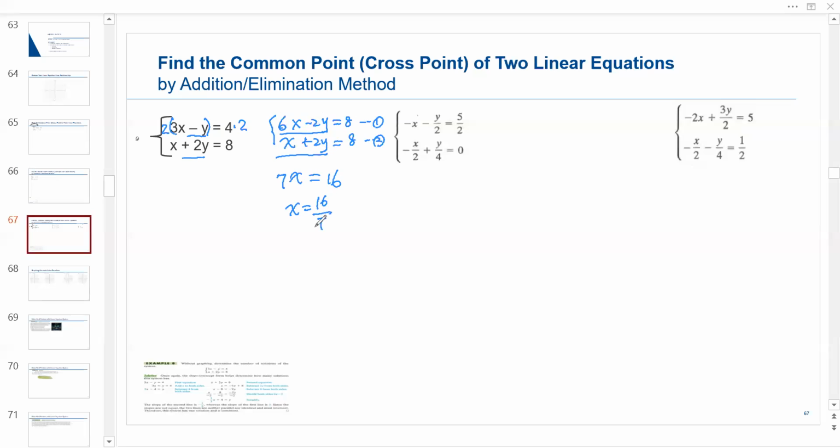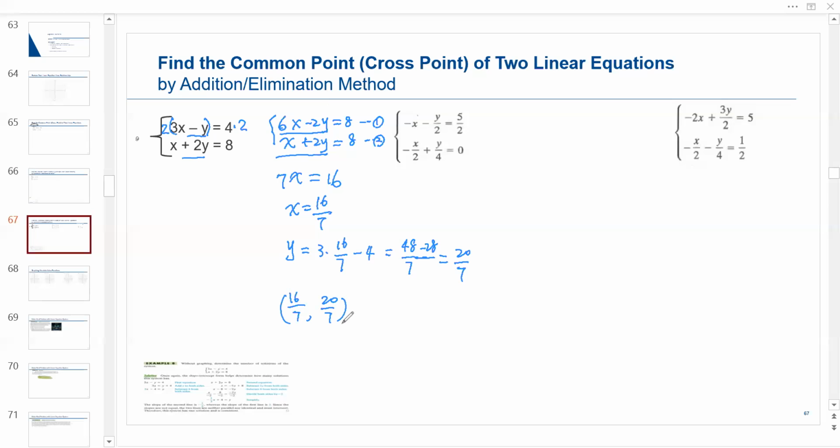We quickly get the solution x, and what does y equal? y equals 3x minus 4, 3 times x minus 4. Here it equals 48 over 7 minus 28 over 7, so 20 over 7. So we got x equals 16 over 7. The first method makes y disappear, so you can get these solutions.